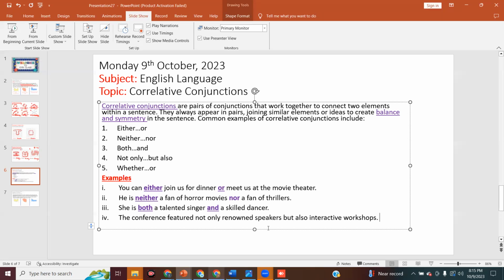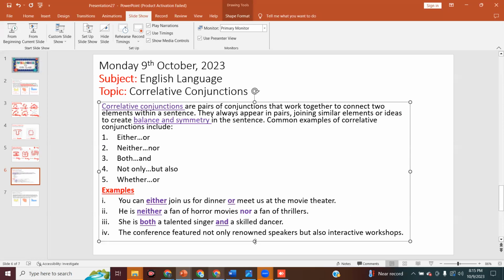So what are the correlative conjunctions in this sentence? Not only, and what else? But also. Very good. Not only, but also is there to emphasize additional information.